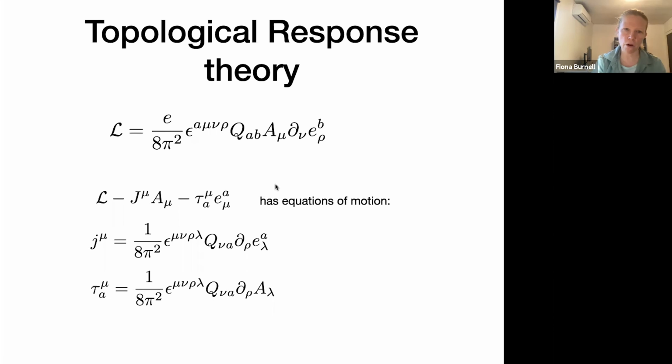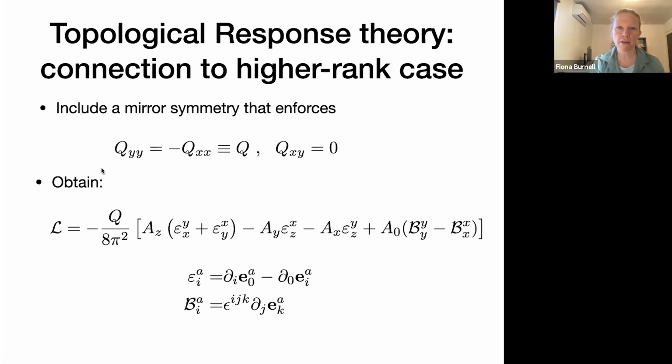And so we have this nice topological response action, and you notice the coefficient is the quadrupole moment. Just in the last couple of minutes, let me connect this topological response theory to something that is connected to the higher rank anomaly that I described earlier in a very sharp way.